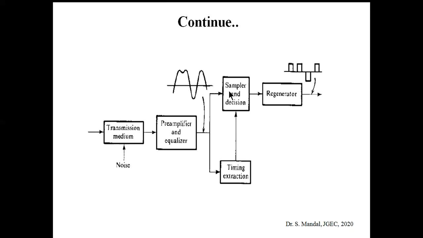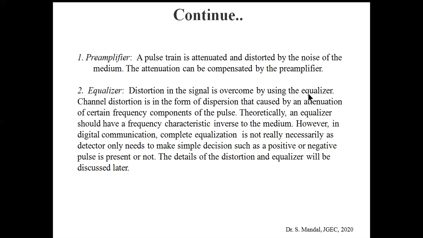Using this timing information, we can sample and decide the corresponding voltage level at the different instances. Then, depending on the decision, we can regenerate fresh pulses and transmit them through the communication channel again.